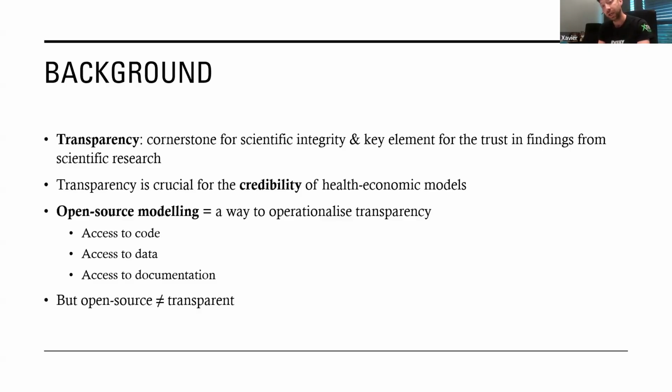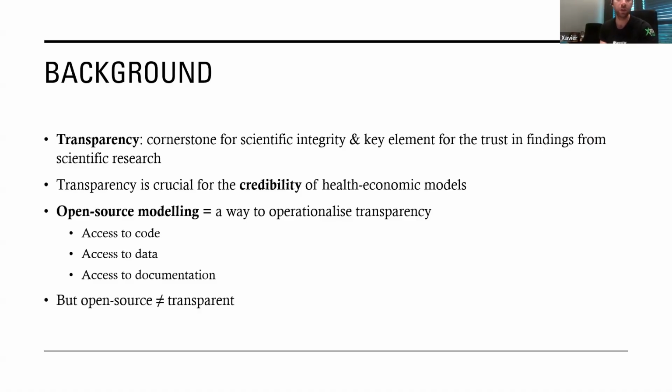There are other ways to provide and make transparent research, transparent modeling, but in this talk, I'll just focus on open source modeling that we operationalize as a model for which you can have access to the code, so the source code, the data, and the documentation. And this checklist really focuses on that last one.